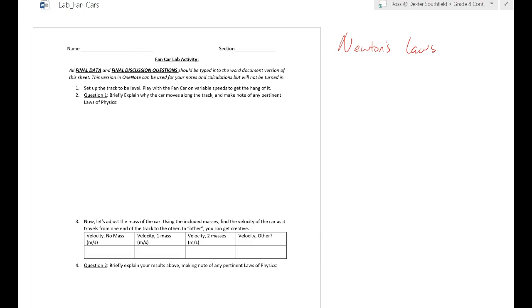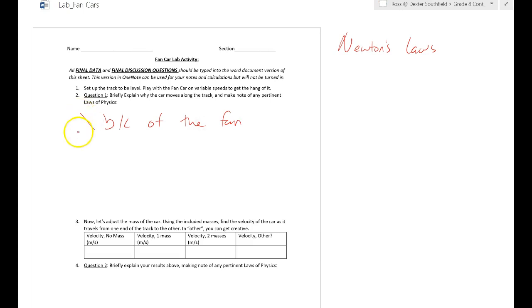So in this first question here, we're talking about why the car moves, right? In the first mini experiment, we were just playing with the car and watching it roll back and forth across the track because of the fan. So an answer to this question cannot just say because of the fan, right? We know that, yes, the fan is what is propelling it across the track.